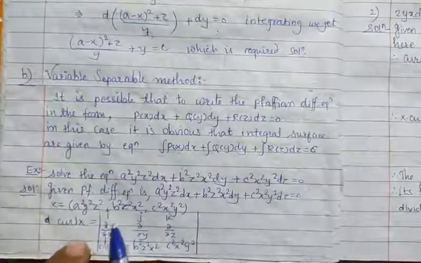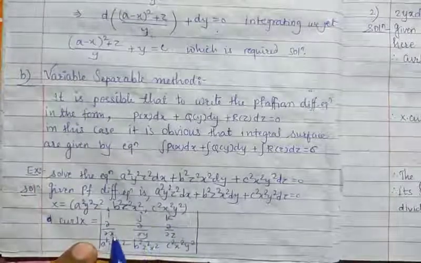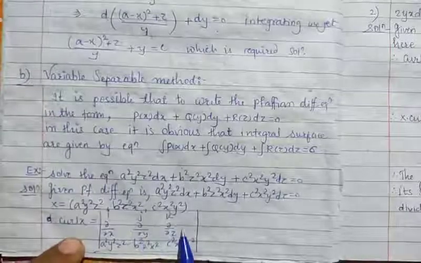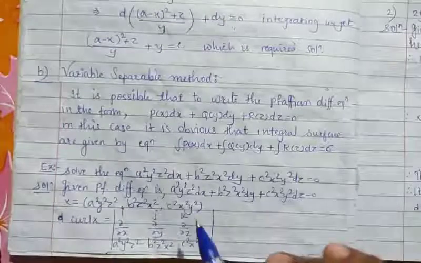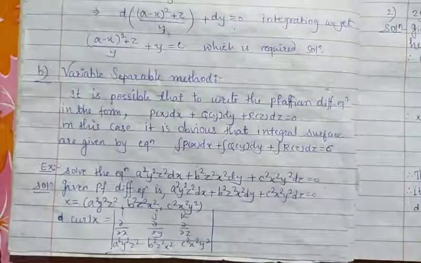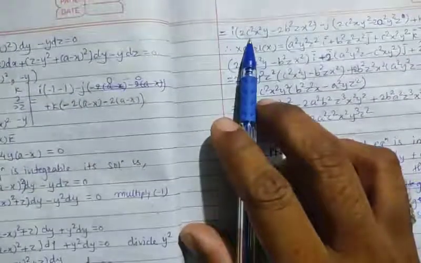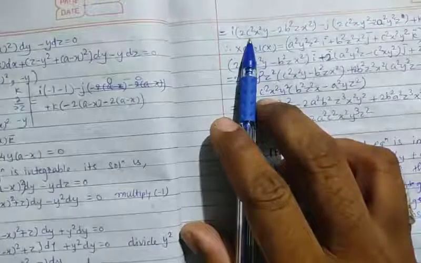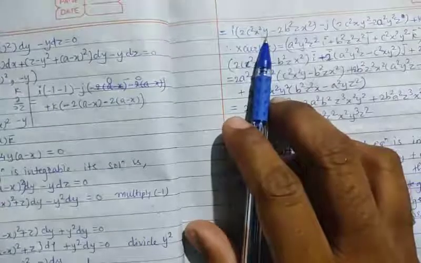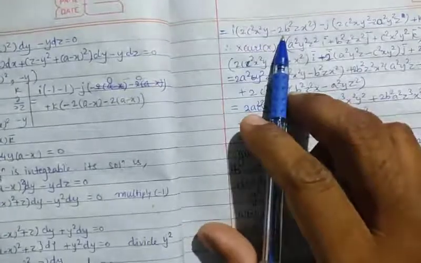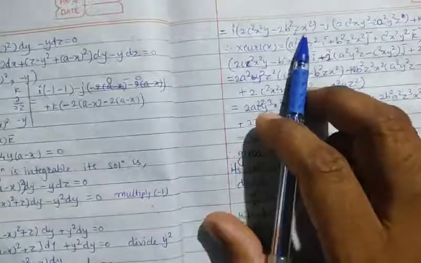Now what is curl X? In matrix form, i, j, k, del by del x, del by del y, del by del z, and here P, Q and R. After taking the determinant, we get i times the derivative of c square x square y square with respect to y, which is twice c square x square y, minus the derivative of a square y square z square with respect to z, which is twice b square z x square, and so on.